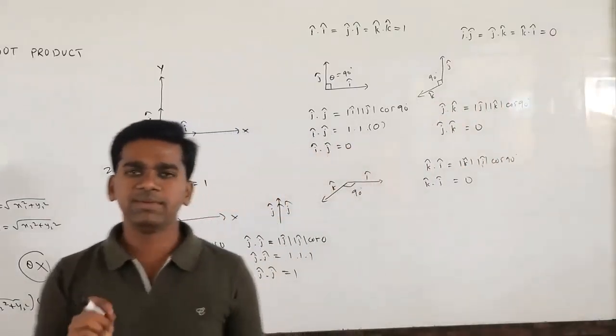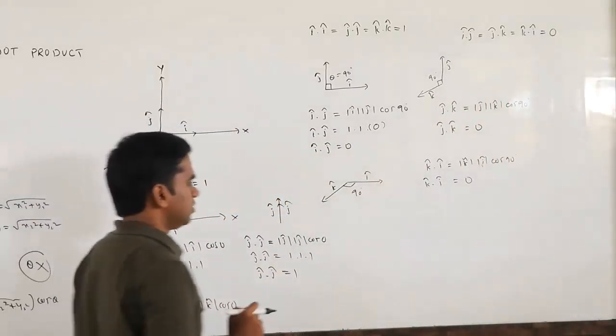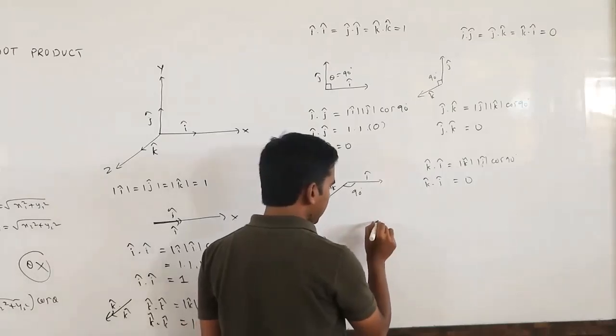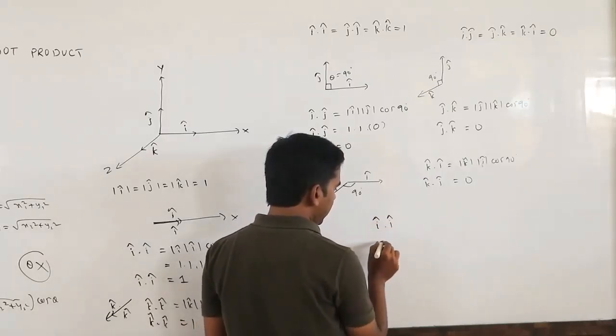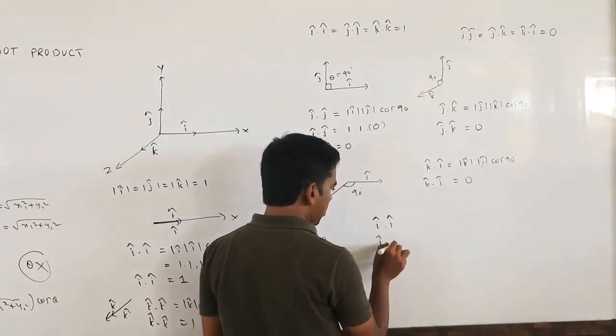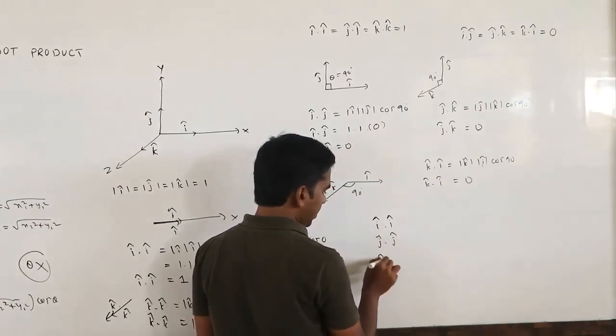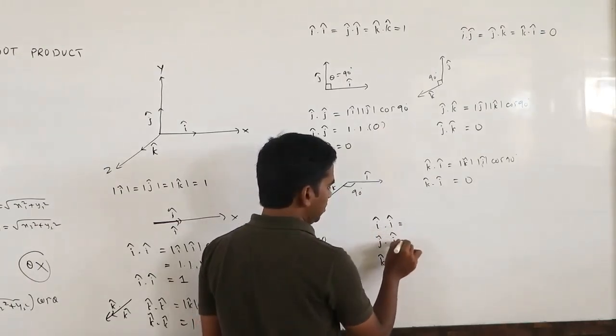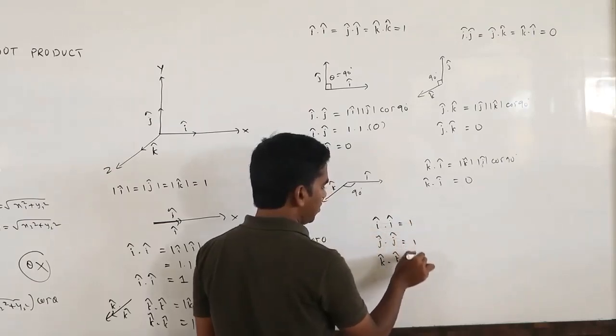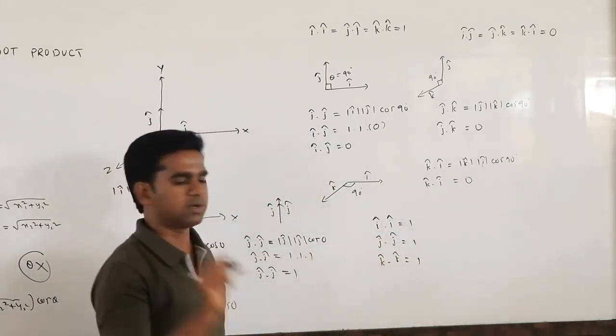Remember these two, very important. So what are those two? i cap dot i cap, j cap dot j cap, k cap dot k cap. These are all going to be 1 because cos 0 is 1.